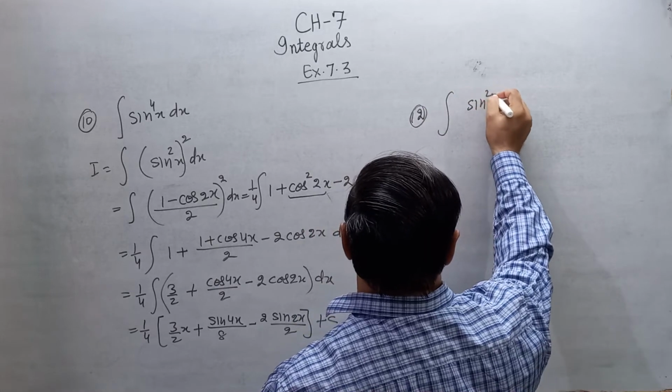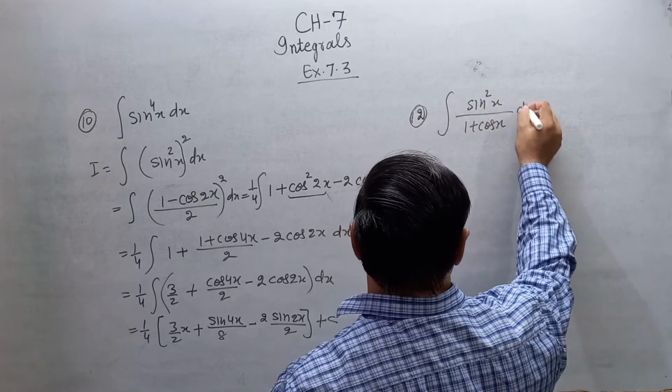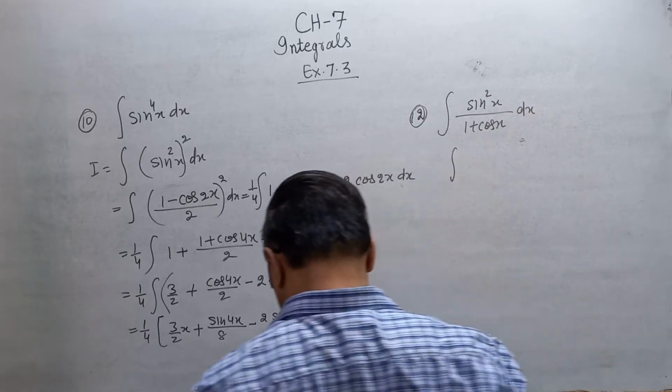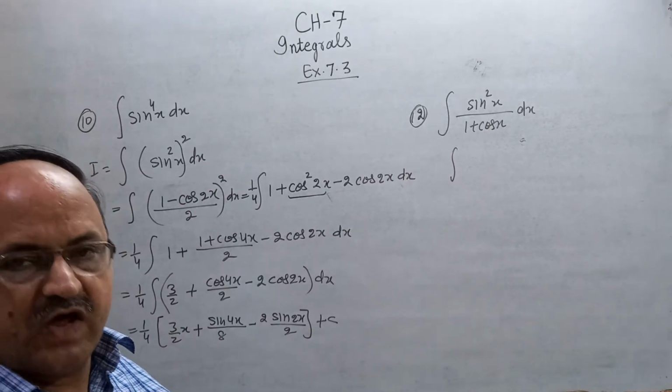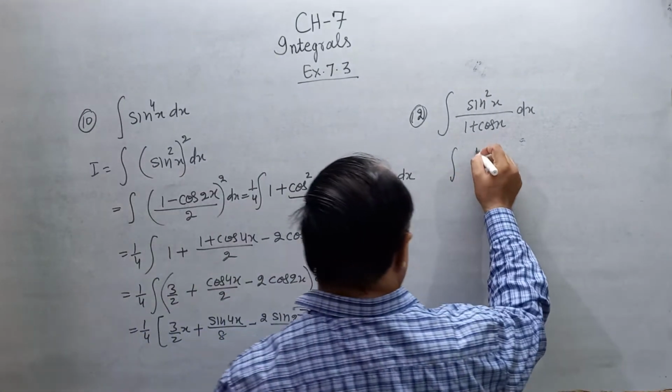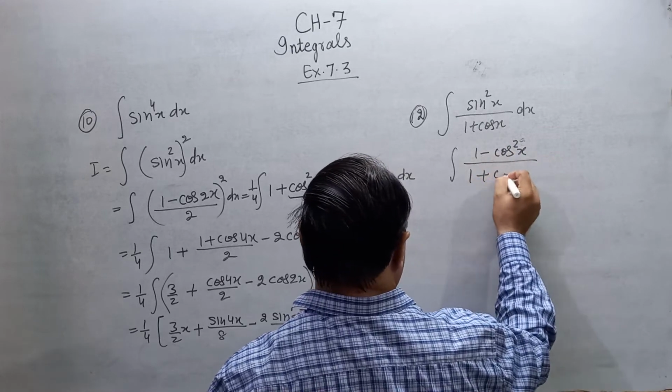Question number 12: integration of sin square x upon 1 plus cos x. You know that sin square x plus cos square x is equal to 1. Therefore you can write 1 minus cos square x upon 1 plus cos x.